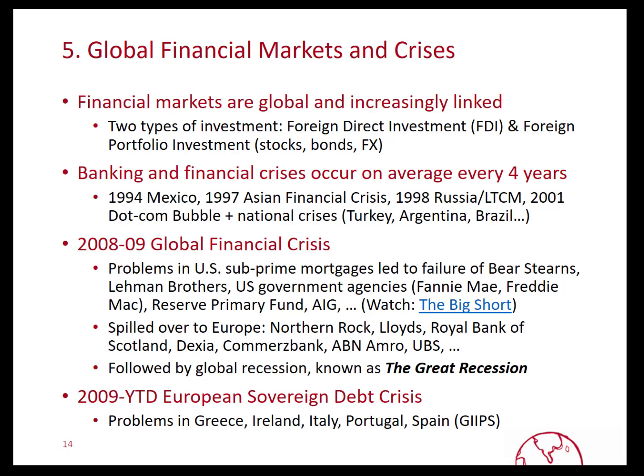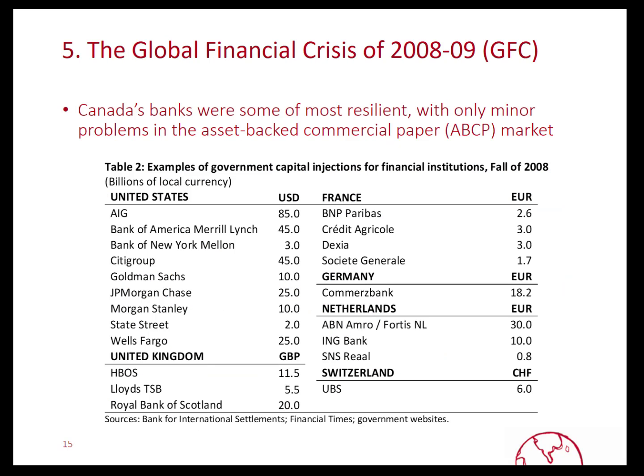This global financial crisis was followed by a long recession known as the Great Recession, but it also sparked a problem with European sovereign debt, which became known as the European sovereign debt crisis, where countries such as Greece, Ireland, Portugal, and others had to be either bailed out or rescue their banks.